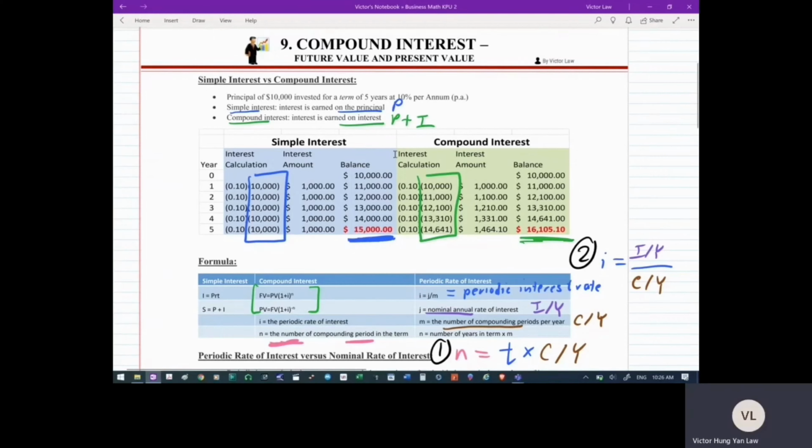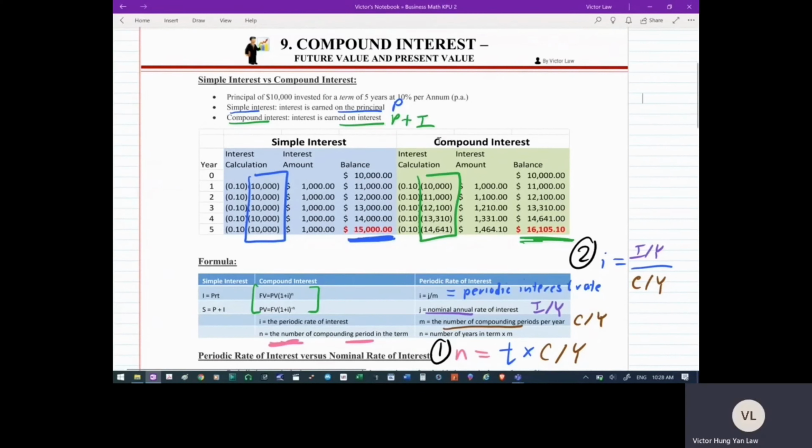So if we look at the diagram below, we'll see the difference between simple interest and compound interest. For simple interest, our interest calculation every year is based on the $10,000 originally from the principal amount. So our interest calculation stays constant. It stays at the $10,000 every year because our interest calculation is based on the original principal amount, P, $10,000.